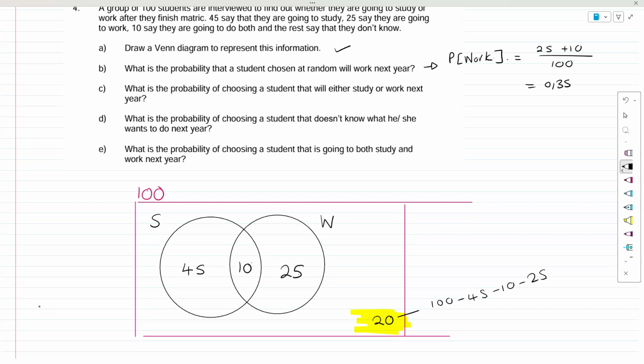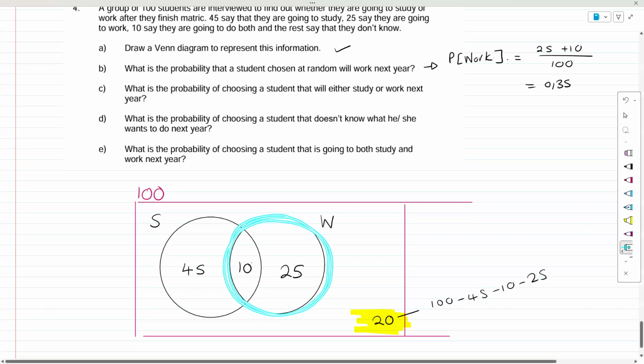And that's how I did the first question. Right? But before we go to the next one, guys, this is the work circle. Please understand this is the circle that deals with work. So this is 0.35. But if it said work only, then we deal with that.